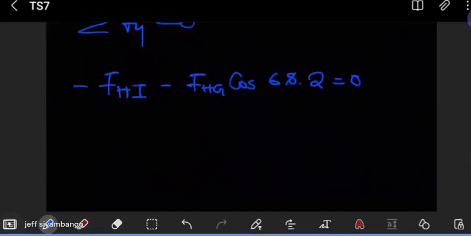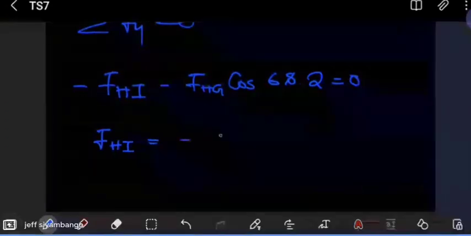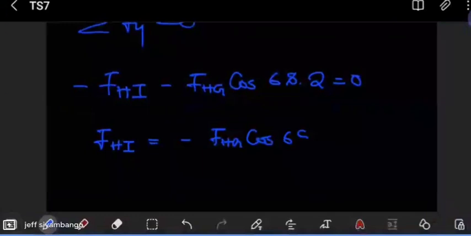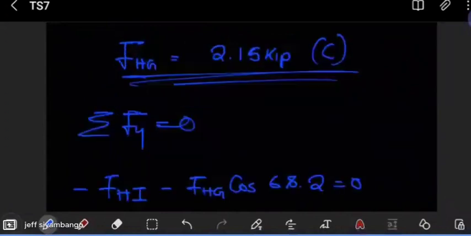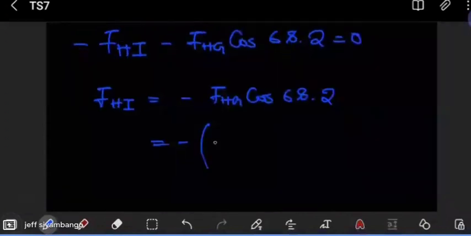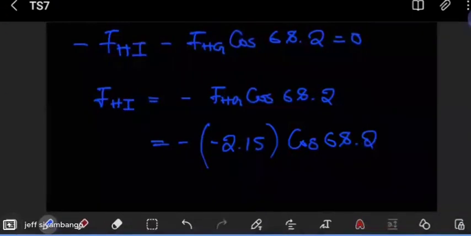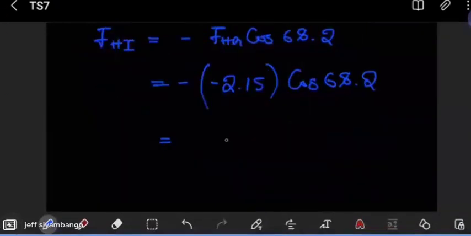So in this case, we're going to have FHI being equal to negative FHG cos 68.2. We substitute what FHG is. We found negative 2.15, don't forget. Then we have cos 68.2. So in this case, our answer becomes this. What will be our answer?